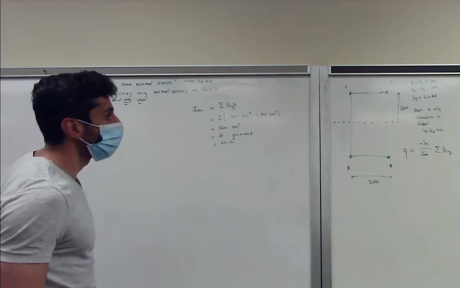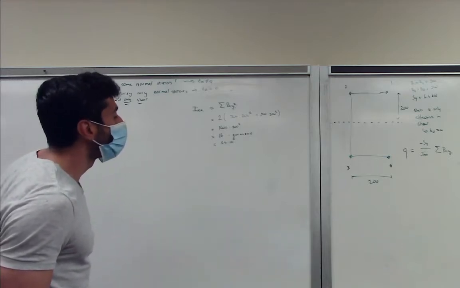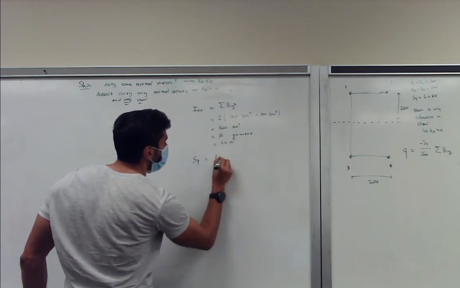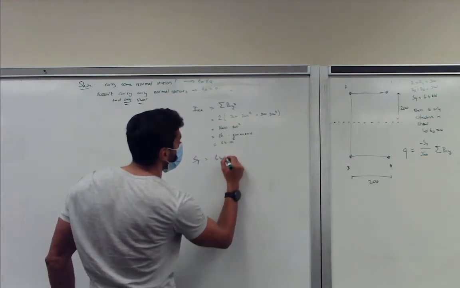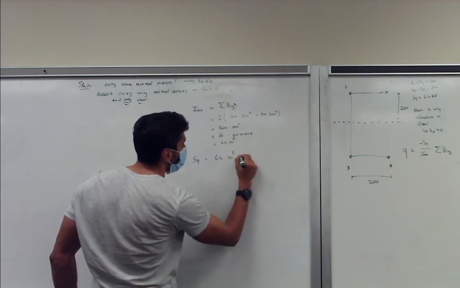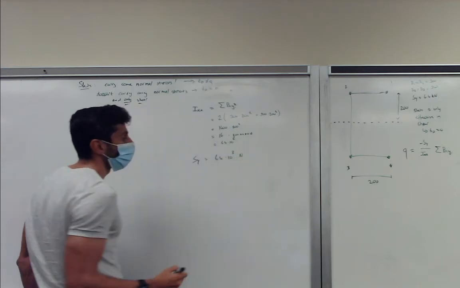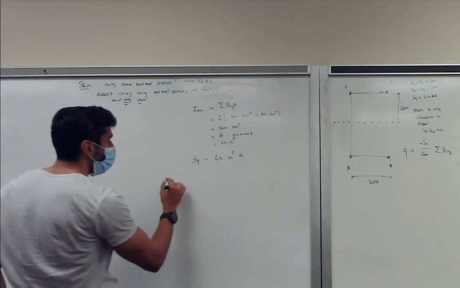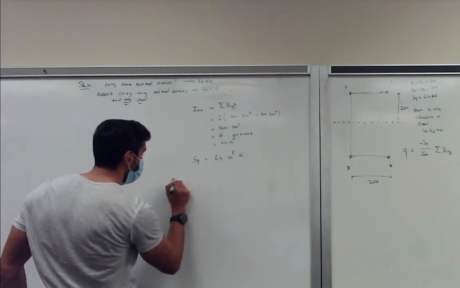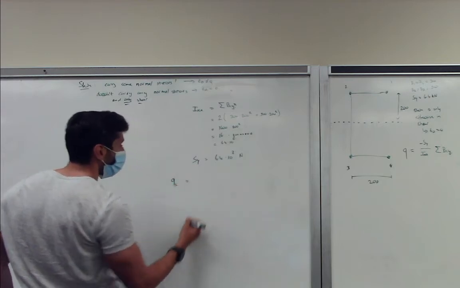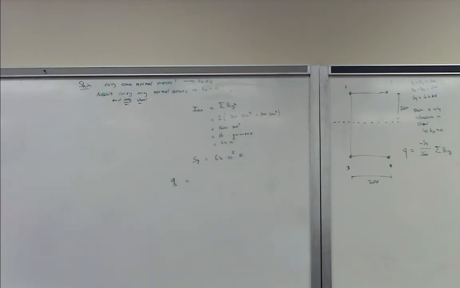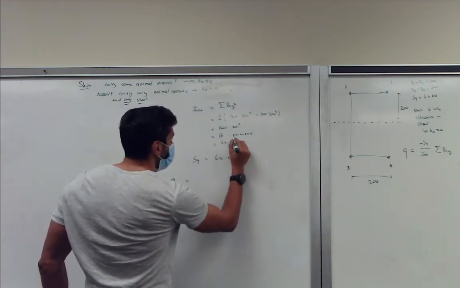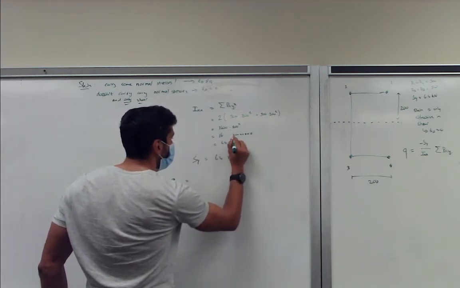And let me see. Sy is given as 6.4 kilonewton, so that will become 6.4 times 10 to the power 3 Newton. So our equation will be something like this. So this becomes 6.4 times 10 to the power 7. Right?